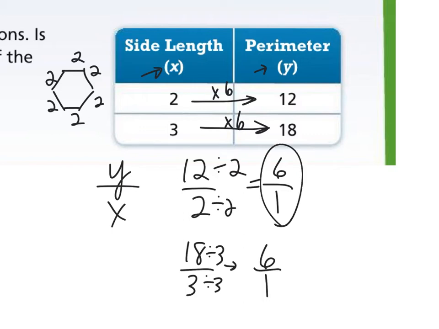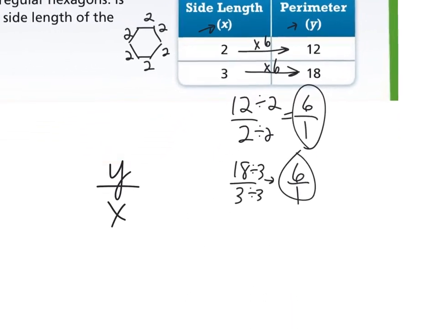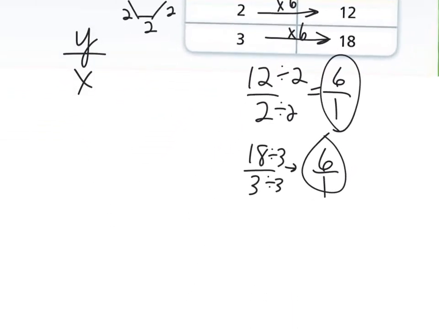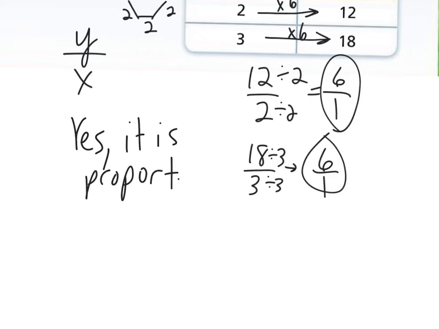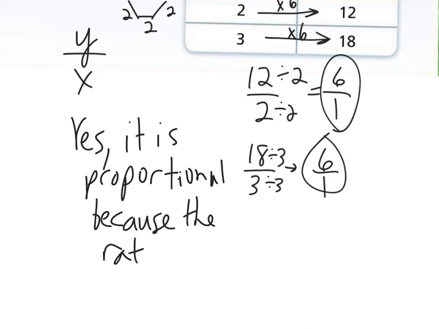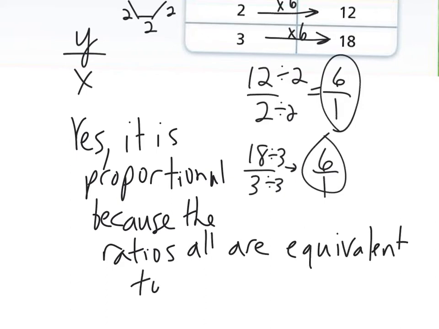Since both of those ratios are the same, they both are 6/1, then we could say yes, it is proportional because the ratios all are equivalent to 6/1.